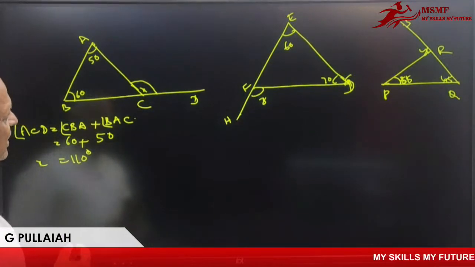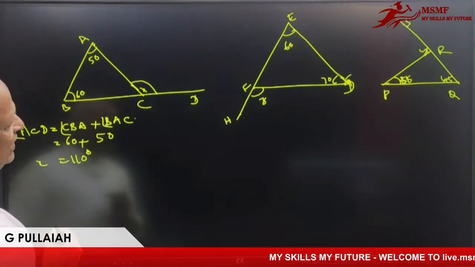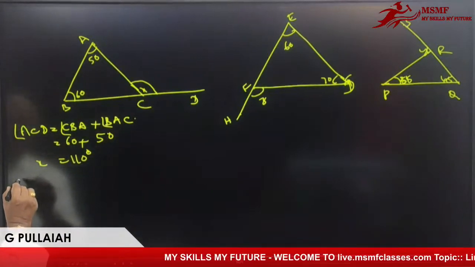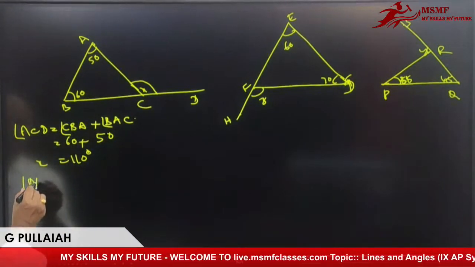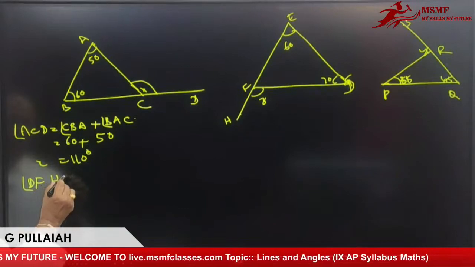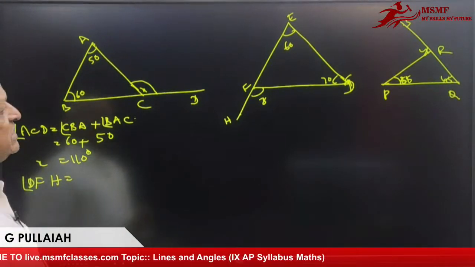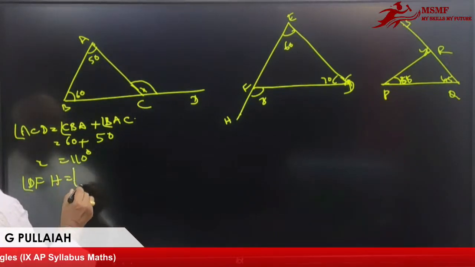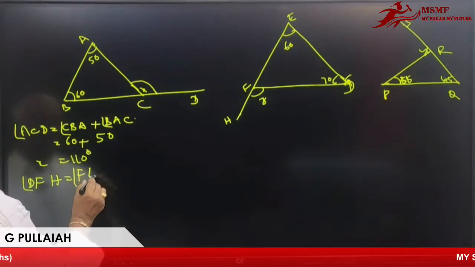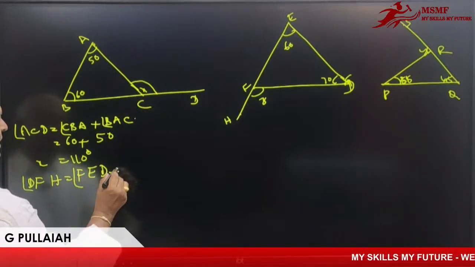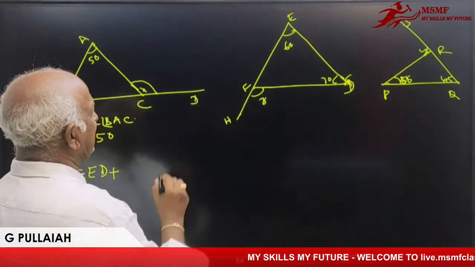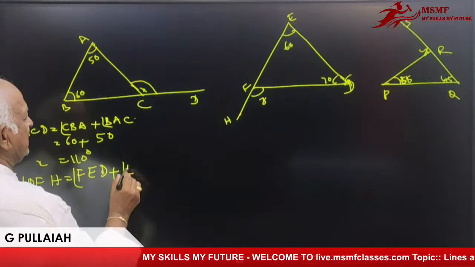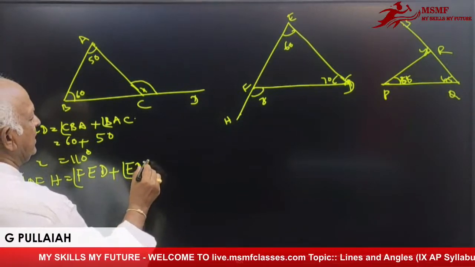So angle DFH is equal to the sum of the two interior angles, angle FED plus angle EDF.